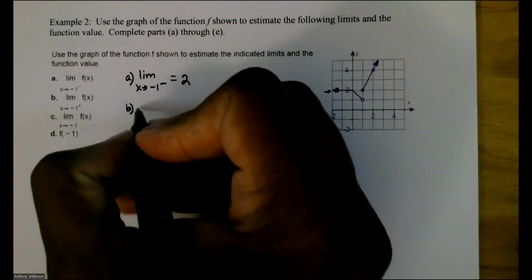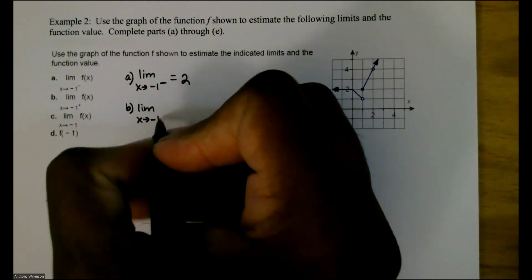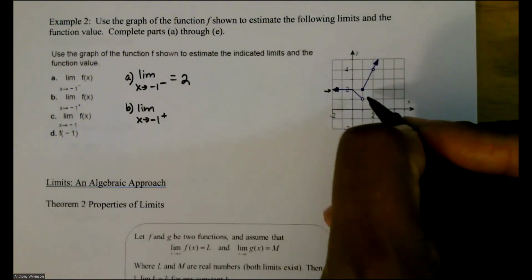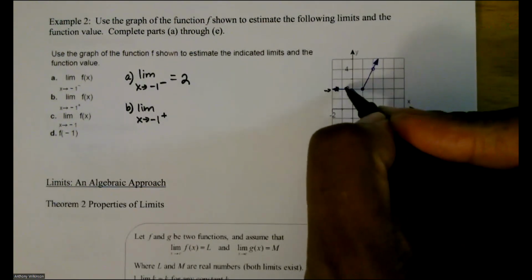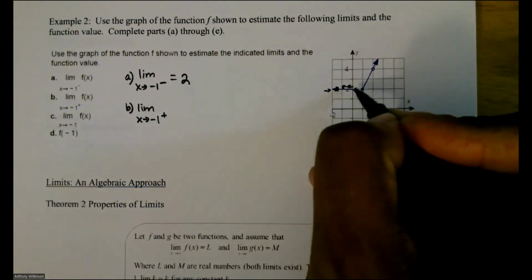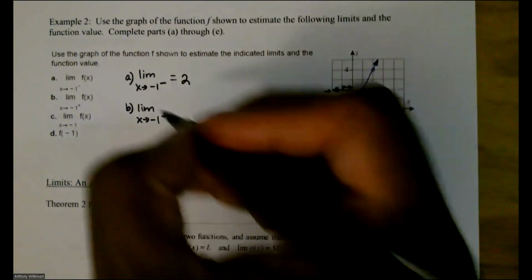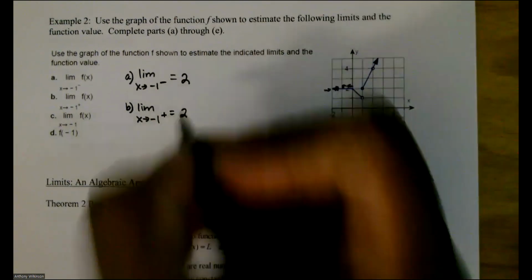Now, part B is the limit as x approaches negative 1 from the right. So here's -1, we're coming from the right of -1, coming this way. That means that your f of x value is also going to be 2.